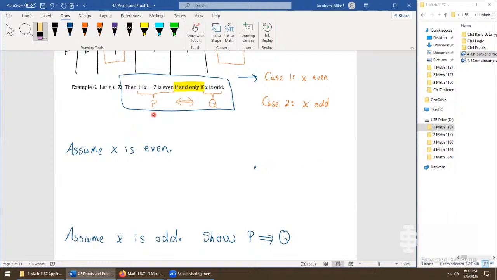And then you do the same for odd and show that only odd would result in an even number.